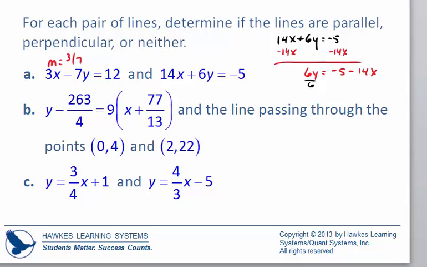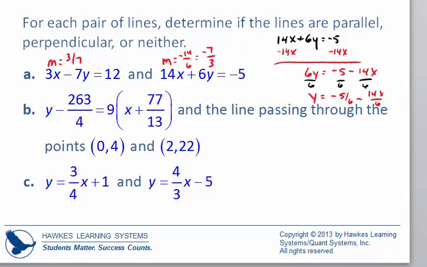We're then going to divide all three terms by 6, which gives me y is equal to -5/6 minus 14x over 6. And your slope in this case would be -14 over 6, which is going to reduce to -7 over 3.